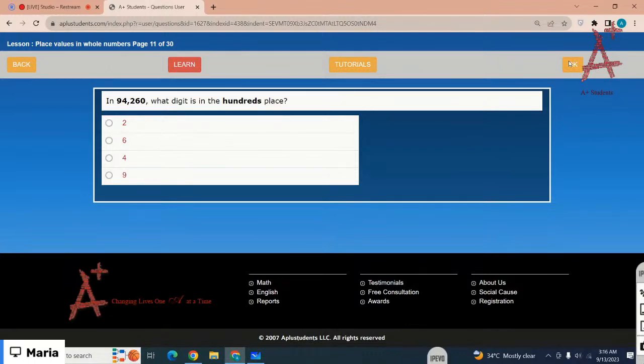Which is the correct option? Which digit is at the hundreds position? Very good. That would be 2. 2 is at the hundreds position. Very good.